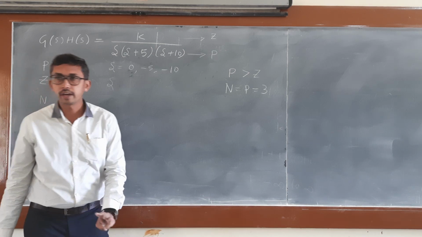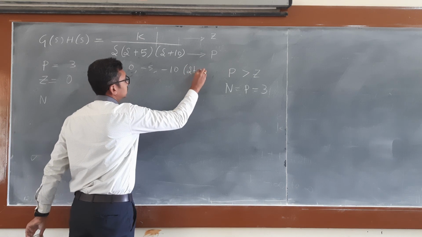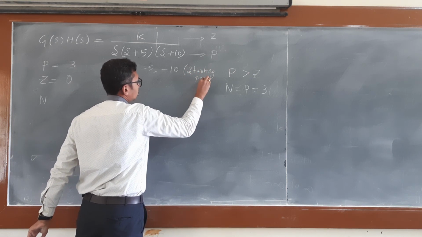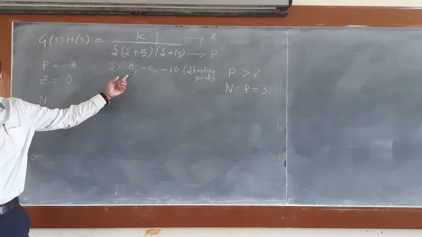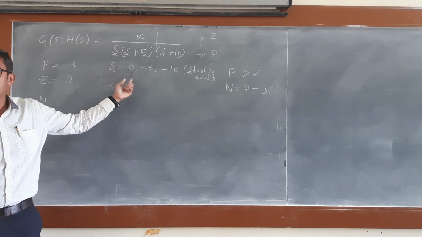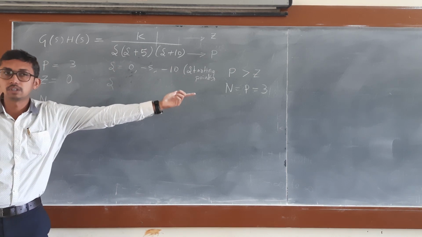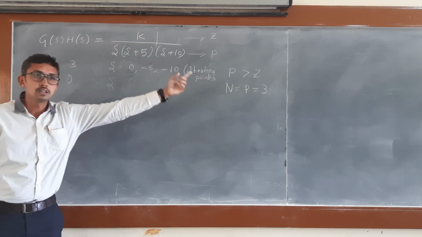So always the roots of the poles are the starting points. Branches are always going to start from the poles, and they are going to end at the zeros.